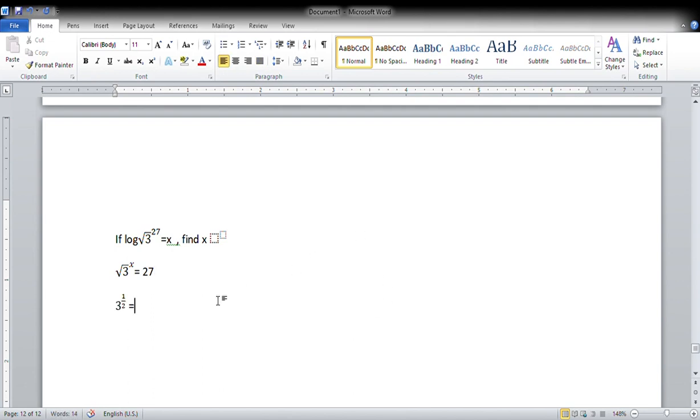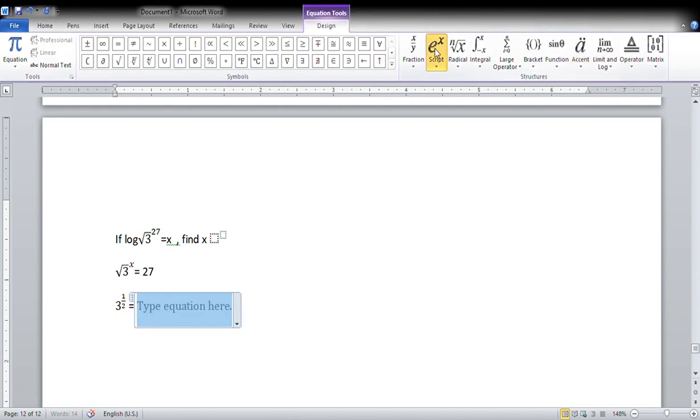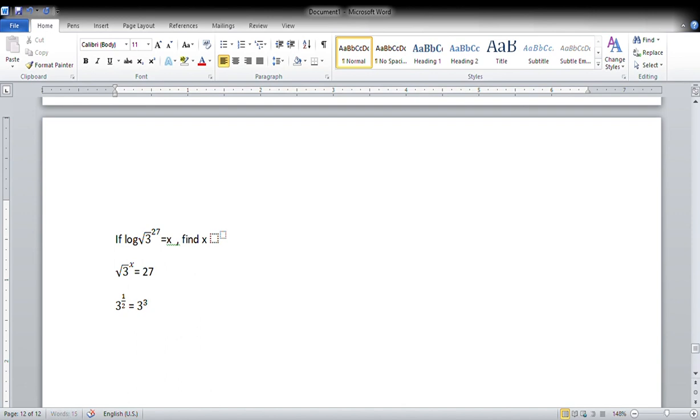We can simply write 27 as 3 to the power 3, because multiplying 3 three times gives 27. From previous mathematics we have already studied that if the base is the same on both sides, then the powers will be the same.